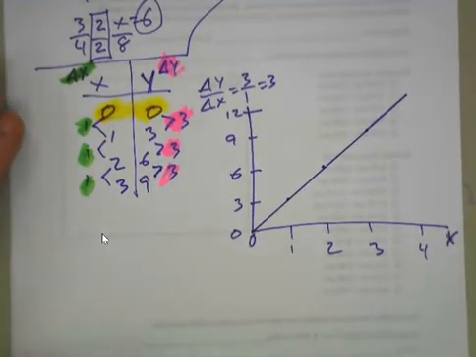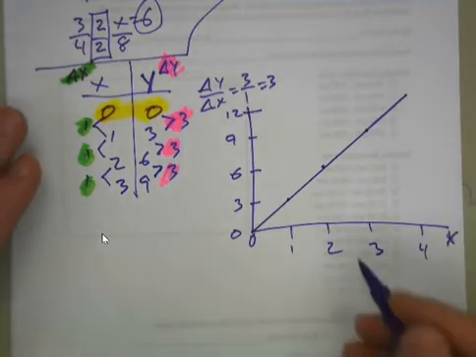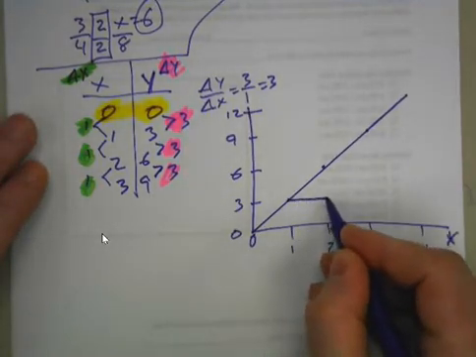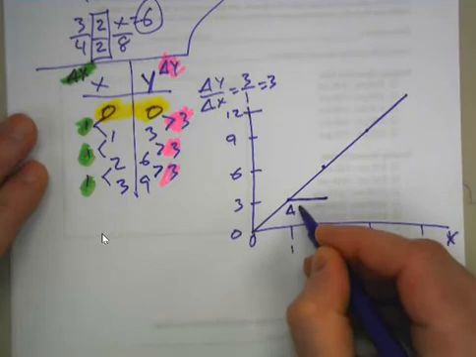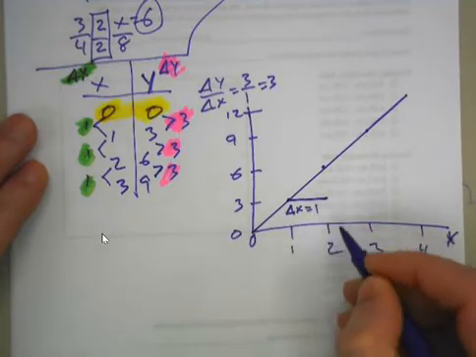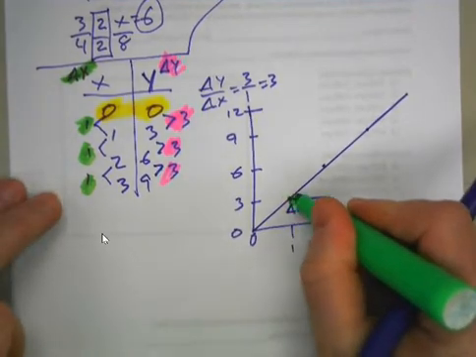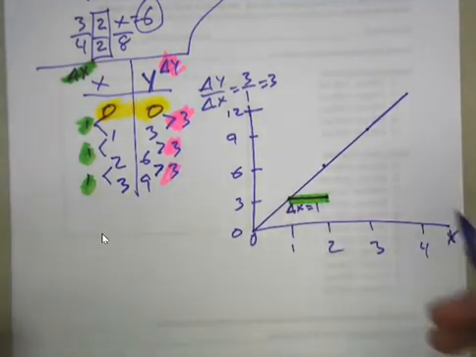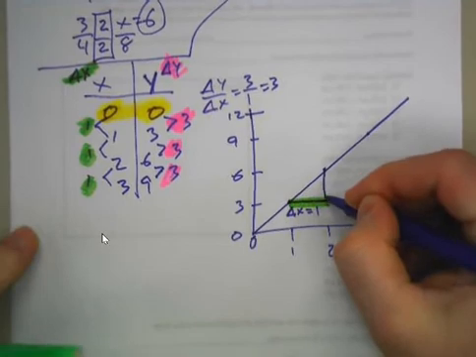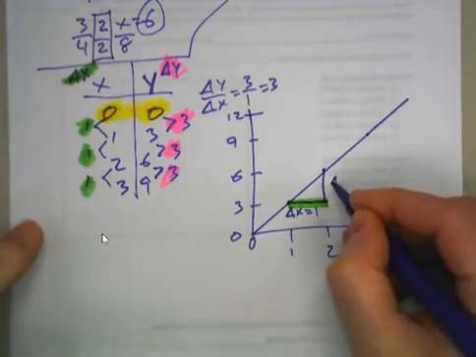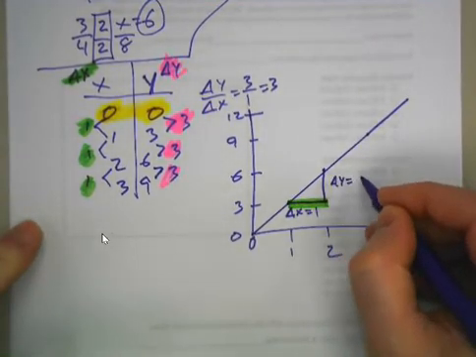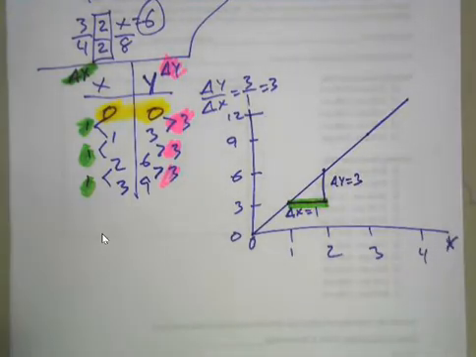So from looking at the graph, we can see that our run, or our delta x, is 1. And we're going to code that in green. And our rise, our delta y, is 3. And we're going to code that in pink.